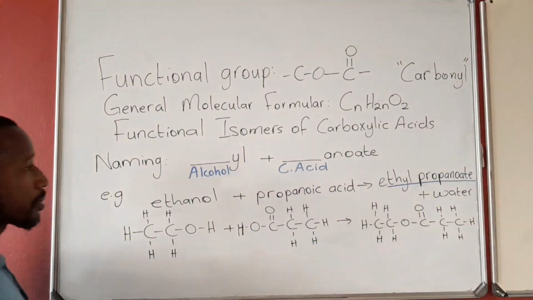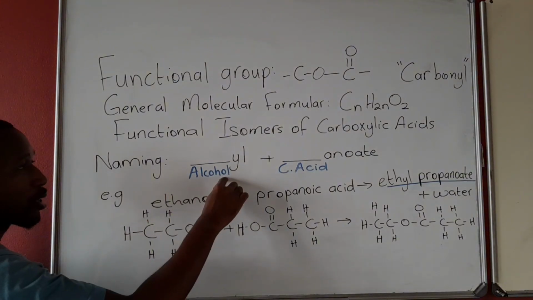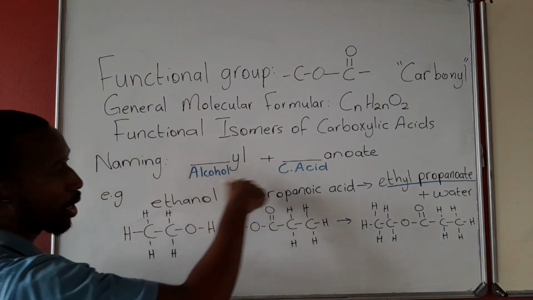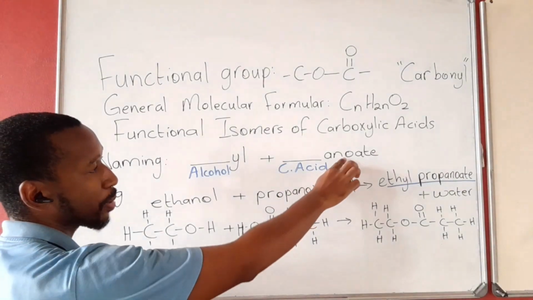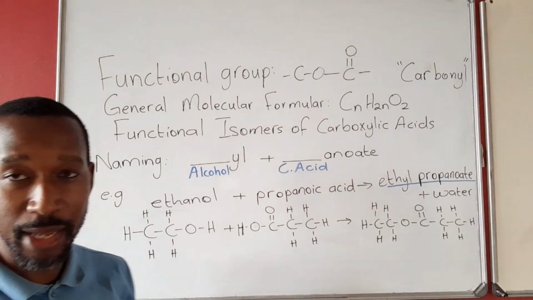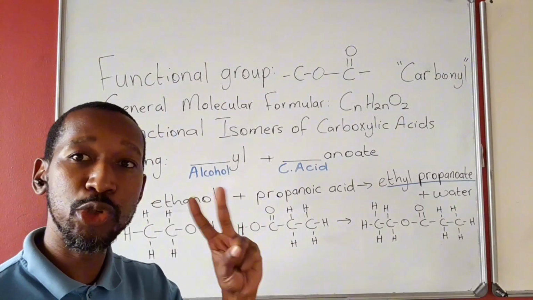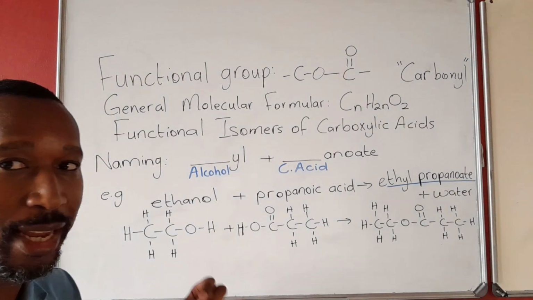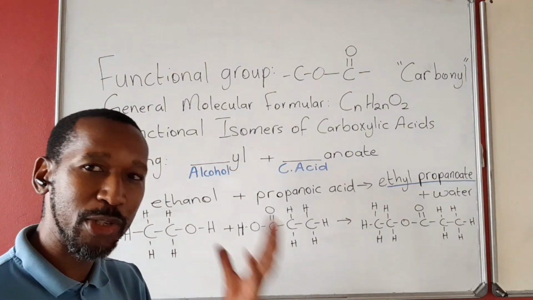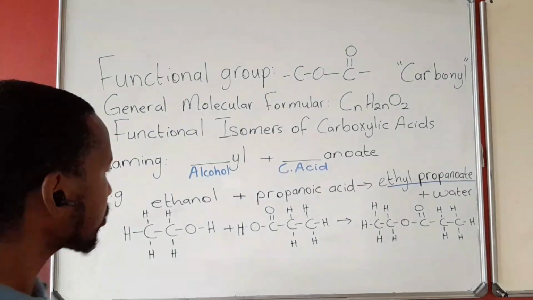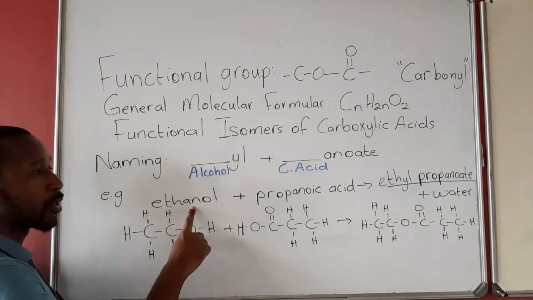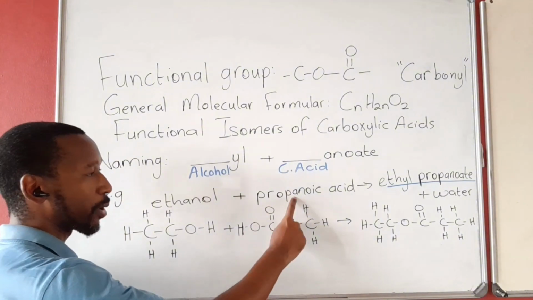For the naming, the alcohol will get an -yl part, so that will be our alkyl section, and then the acid part will get the -oate to the name of the ester. So the name of an ester has two components to it. Let's look at an example. Let's say that ethanol, the alcohol, is reacting with propanoic acid.